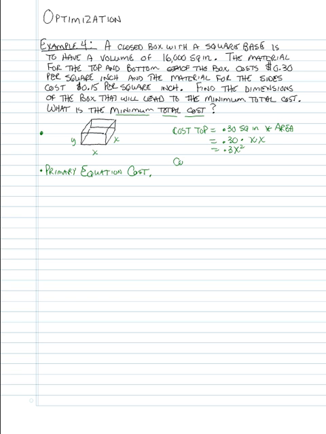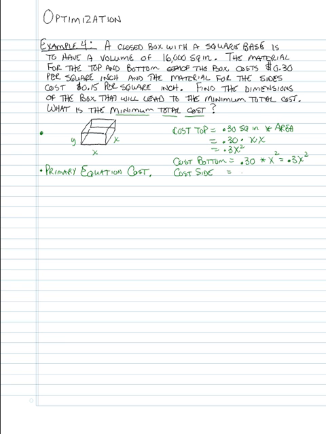In a similar fashion, the cost of the bottom is also 30 cents per square inch times the area of the bottom, which is x times x, or x squared, and so we get 0.3x squared again. Now the cost for a side.